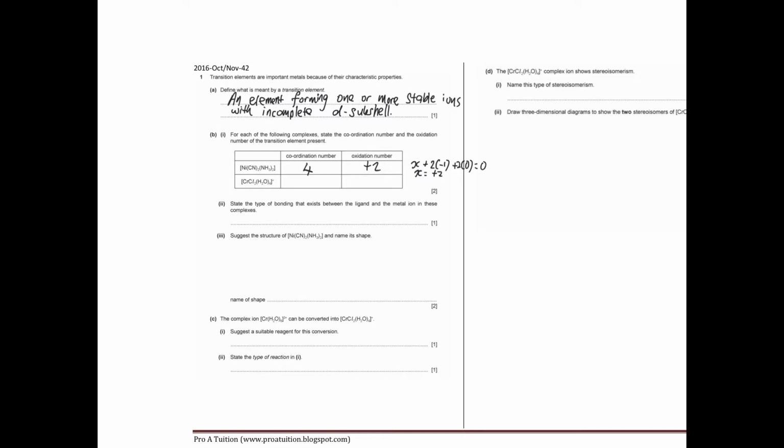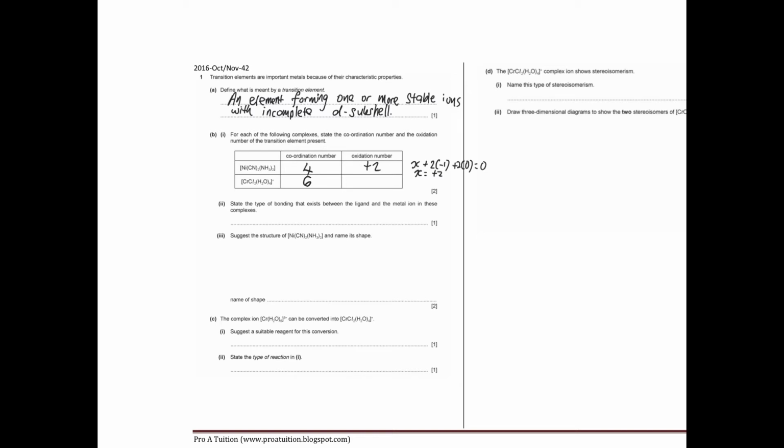Now let's come to the next question. Coordination number again. This is CrCl2. Cl is monodentate, so 2 monodentate, and H2O is also a monodentate ligand. They form 4 coordinate bonds, and chlorine, 2 coordinate bonds. Altogether 6 coordinate bonds, so the coordination number is hence 6. Coordination number means how many coordinate bonds the ligands form with the transition element.